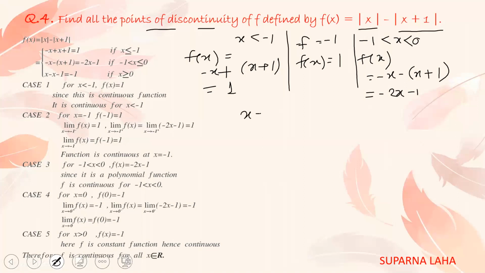And for x equals 0, put x equals 0 in f of x, you will find the value is minus 1. For x greater than 0, the value is also minus 1.